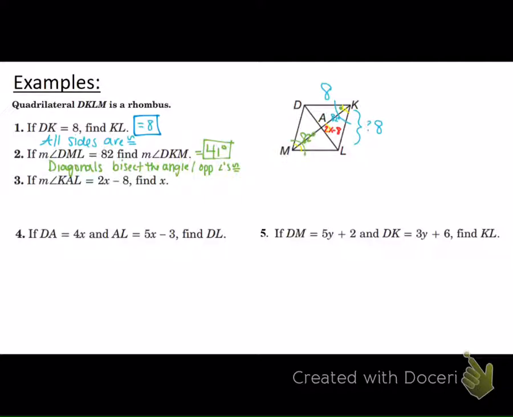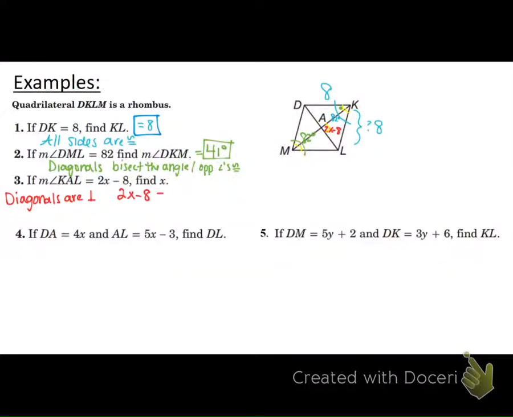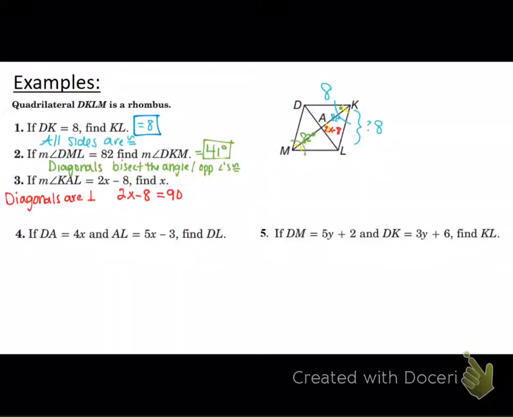The diagonals are perpendicular, so 2x minus 8 equals 90. That is going to be something you need to remember. KAL is where the diagonals bisect each other, so it is perpendicular, so we solve that.